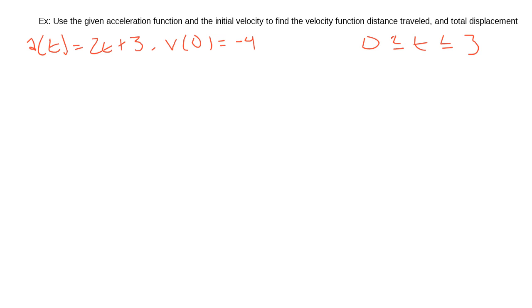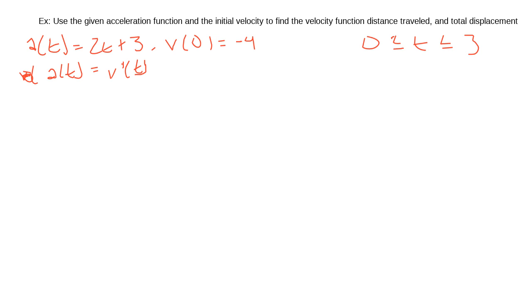All right, so earlier we said that our velocity was equal to the derivative of our position. Well, this is kind of the same thing. Our acceleration is actually equal to the derivative of our velocity.